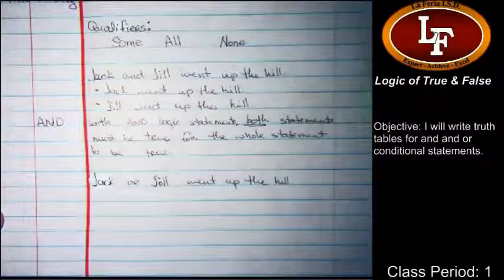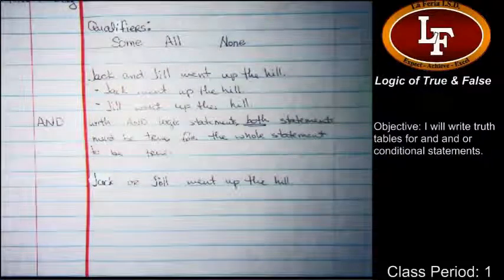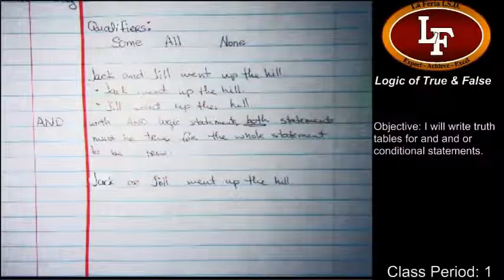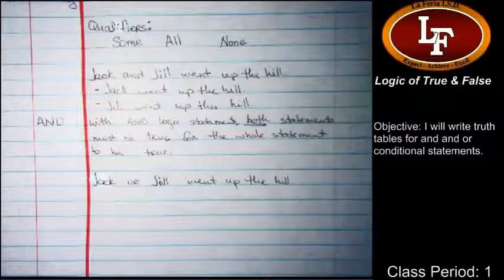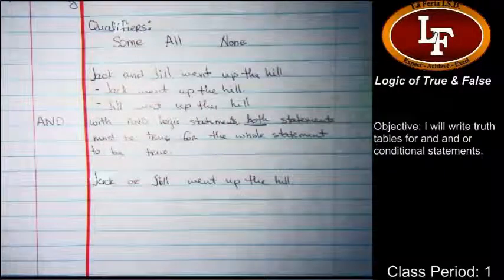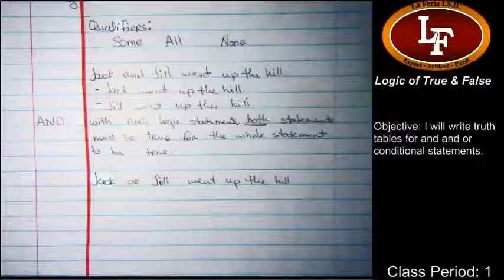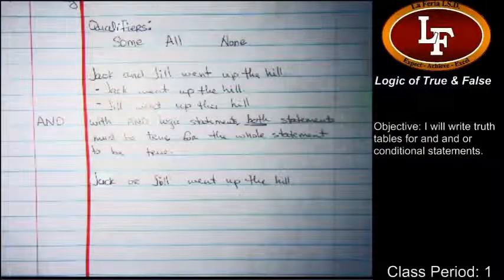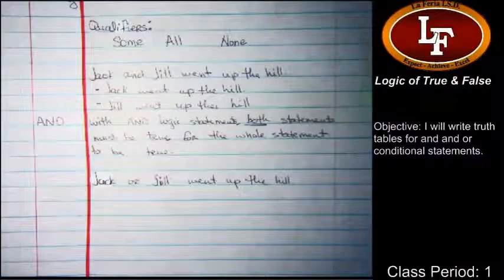Remember, I'm recording. I still have Jack went up the hill and I still have Jill went up the hill. But now, if Jack went up the hill is true, and Jill went up the hill is false, is it true that Jack or Jill went up the hill? Yes. Why? Because one of them did.